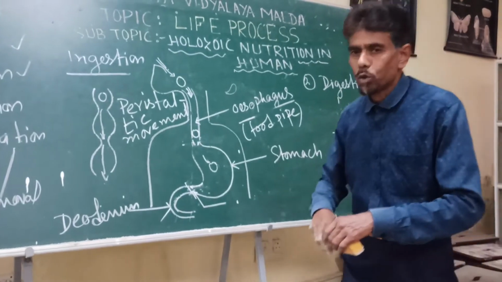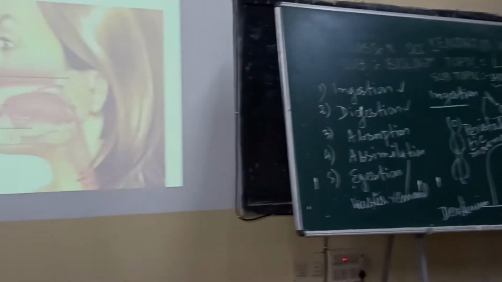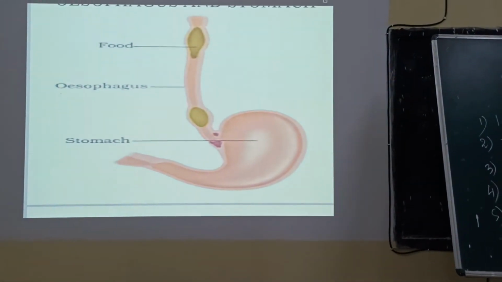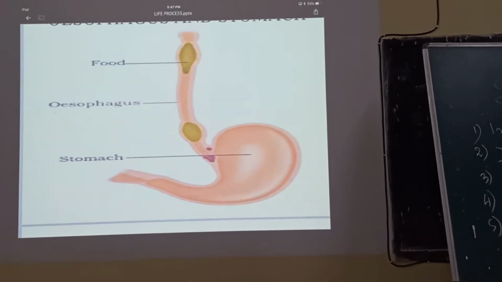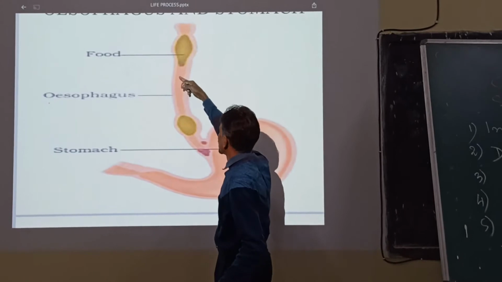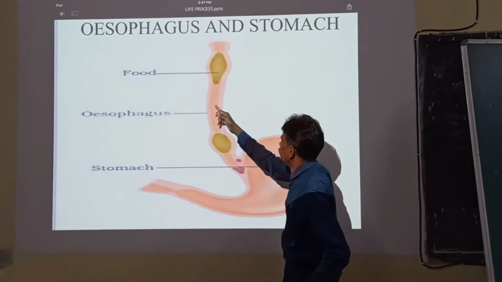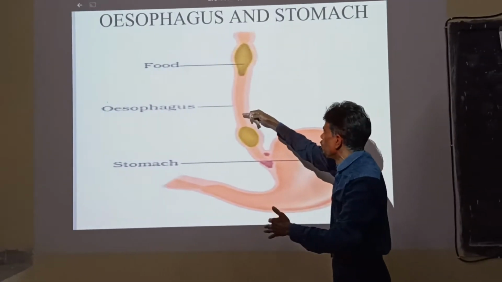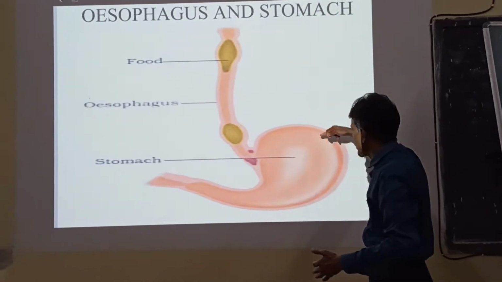In the meantime, I will show you a clipping. You can see here the food pipe, and the food, the bolus, is here. Where the food is there, it is dilated, and the part ahead is constricted. Gradual constriction and dilation, or peristaltic movement, through the esophagus, and the food is entering into the stomach.